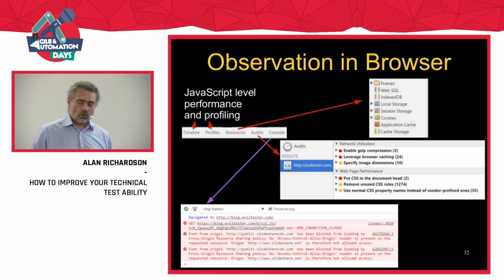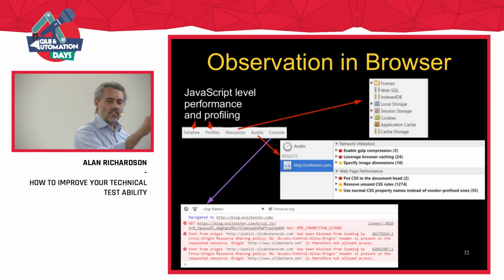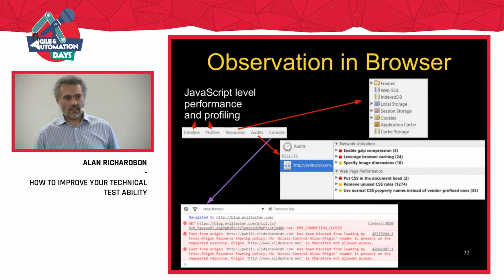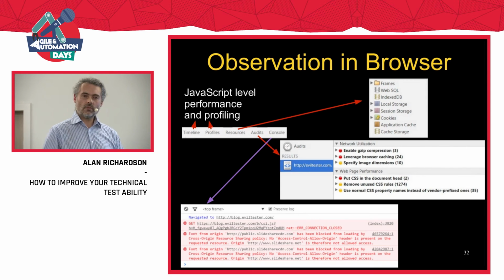In the JavaScript console, which we normally use for issuing JavaScript commands, what I've done here is I've stuck on preserve log, and that means that when I change pages, it tells me I've just navigated to a different page. That's what this blue line that you can't read is saying. And when I did that, it's then reported in red a whole bunch of errors, a whole bunch of issues that if I wasn't observing through the console, I would miss.